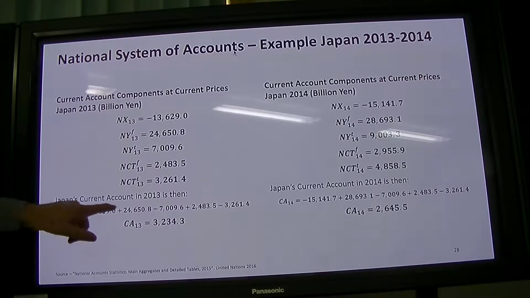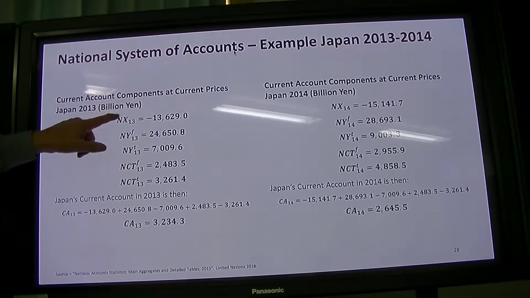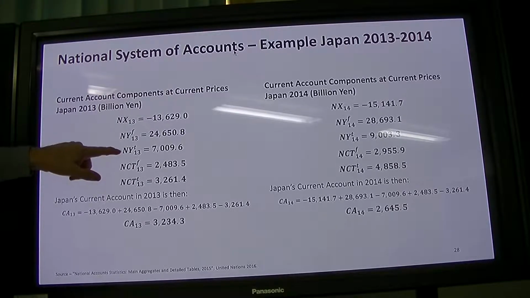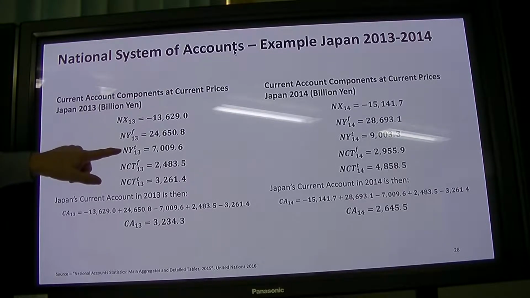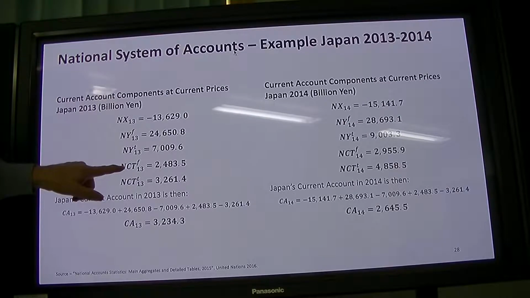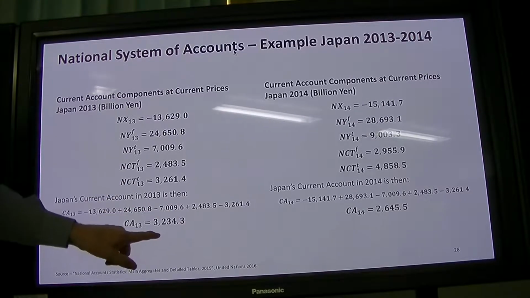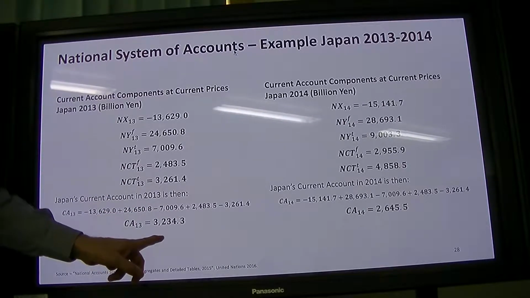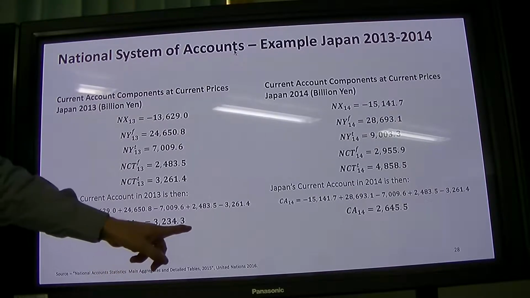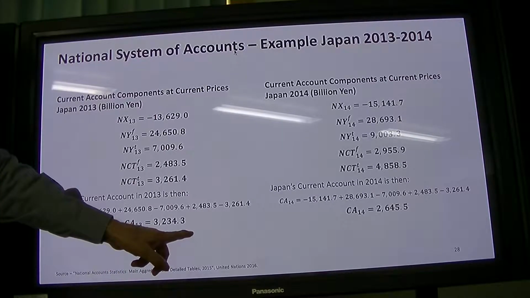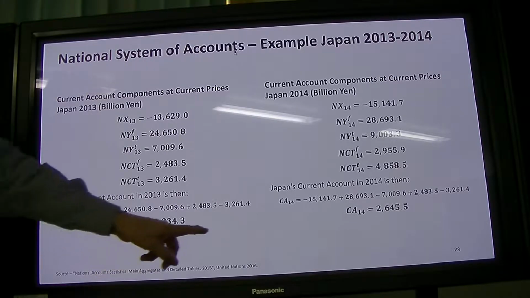So when you take all of that, this plus this minus that, plus from, minus to, that actually adds up to a positive current account. So the current account is positive for Japan in 2013 and 2014.